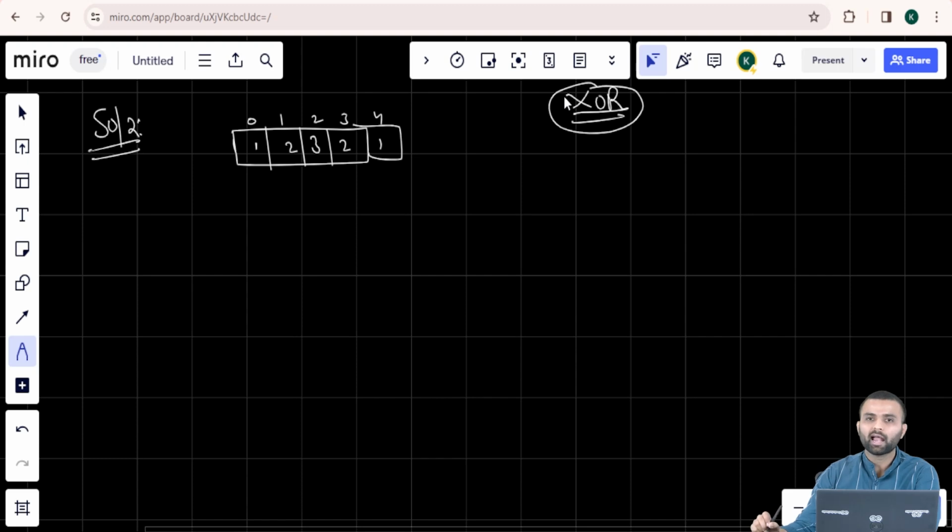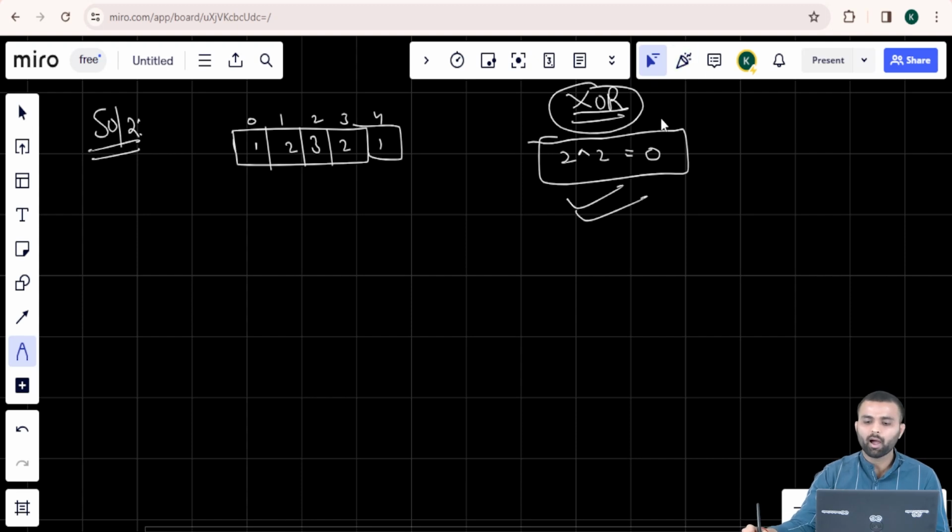I hope you understand what XOR is. Just note this property: if we do the XOR of similar elements, its output is 0, right? Just remember this.